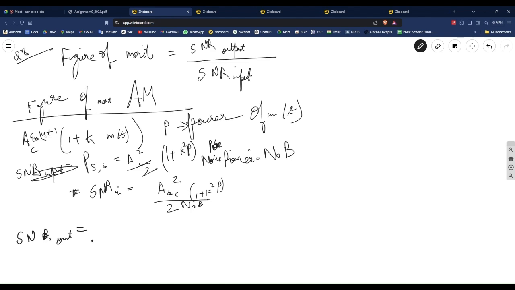So the SNR output is Ac square by 2 times the demodulated signal.